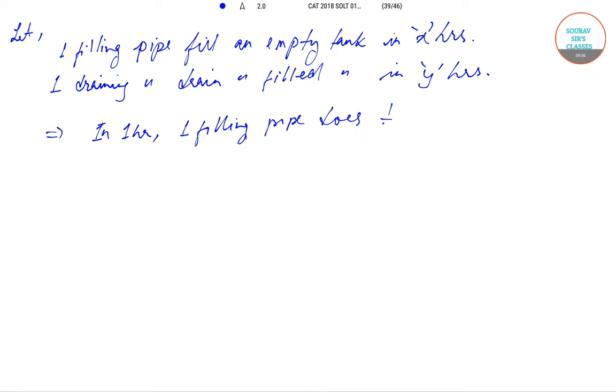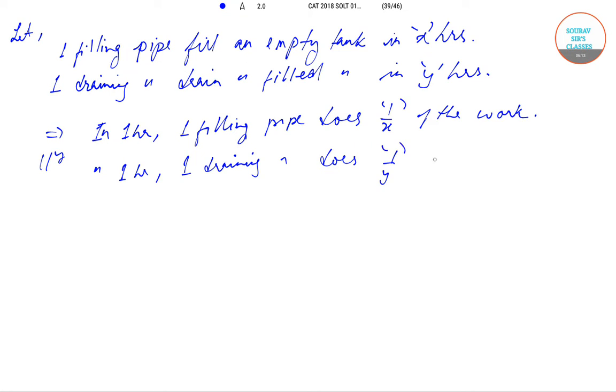So it does 1 by X of the work. And similarly we can write that in 1 hour one draining pipe does 1 by Y of the work.